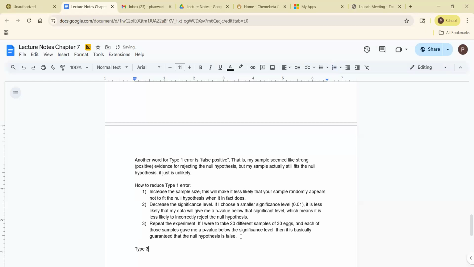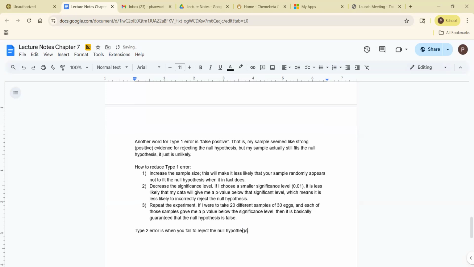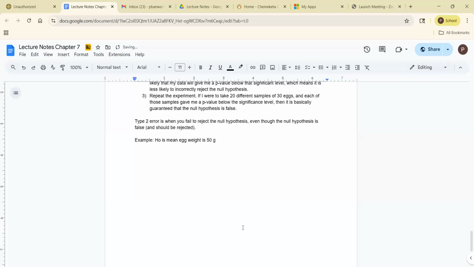Type 2 error is when you fail to reject the null hypothesis, even though the null hypothesis is false and should be rejected. So my example with the eggs, H naught is mean egg weight is 50 grams. HA is mean weight is more than 50 grams.